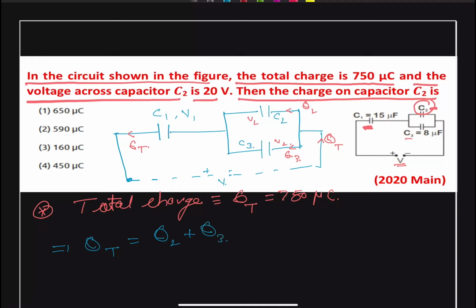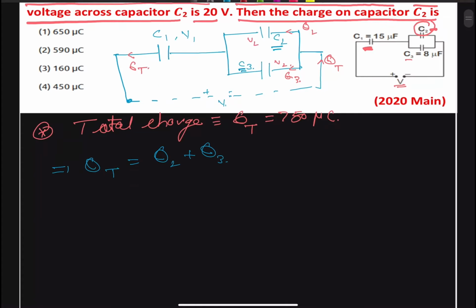We can see that C2 as well as C3 are in parallel. Therefore the voltage across C2 will be equal to the voltage across C3, and the voltage across C2 is given as 20.